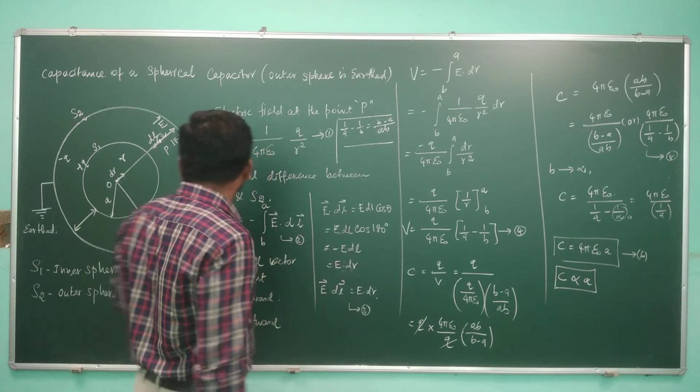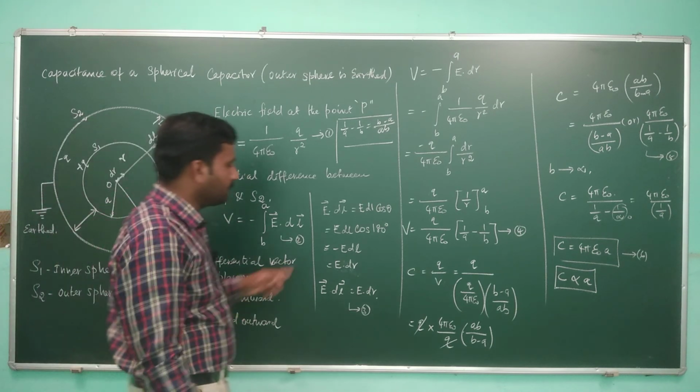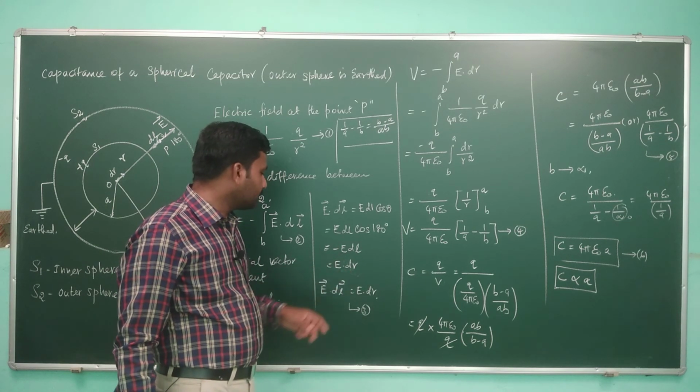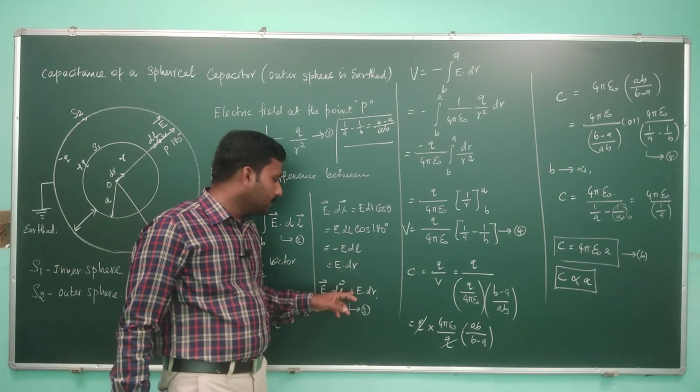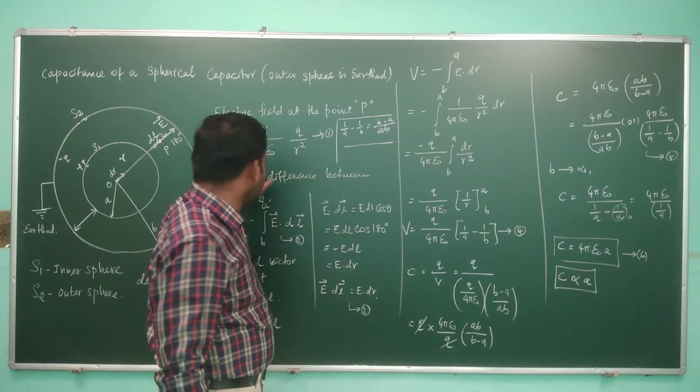But dl and dr are opposite to each other, so in the place of minus dl you can substitute dr. So it becomes E dr. So the vector E dot dl becomes magnitude E dr, which we can substitute in this equation.